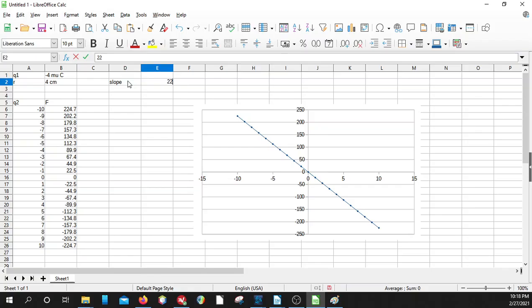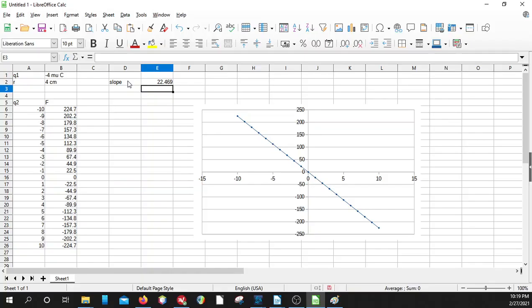The slope is 22.469. Now we know the slope is negative, but we just want the value of the slope. Because we could have looked at the force on Q1 and then it would be an upward slope, but the exact same values. So we get the exact same value either way. So we just want to look at the magnitude here.